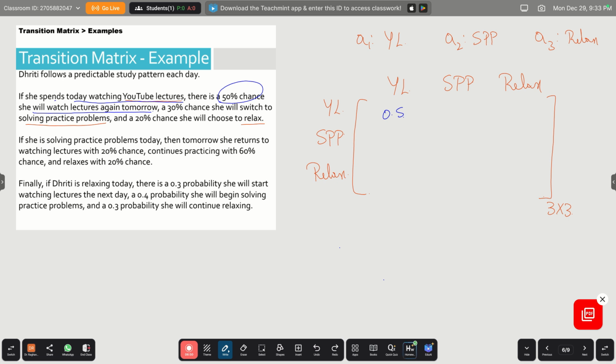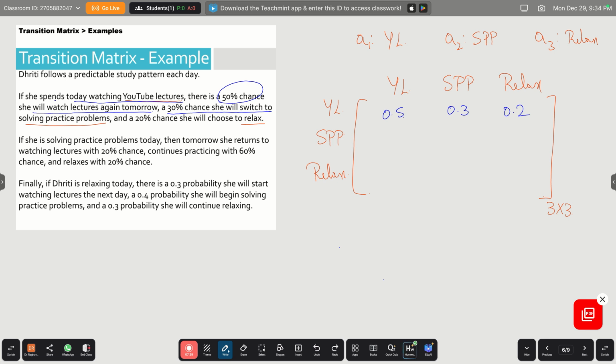And a 30% chance she will switch to solving practice problems, so tomorrow she will solve the practice problems with a probability of 0.3. And the remaining 20% will be for relaxing. The probability that tomorrow she will relax is 0.2. So that is the probability of switching from the first state to any other state.